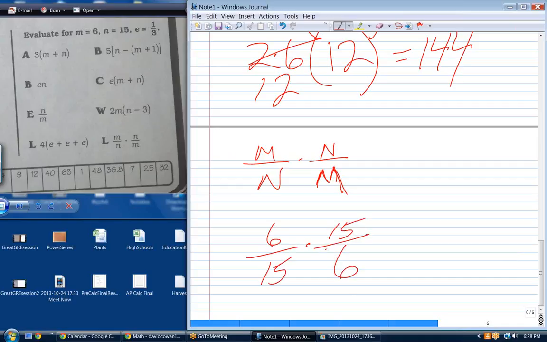Now what? Then you multiply. We can reduce easily, by 3. No, always cancel if you can. I have a 6 here and a 6 there, so those turn into 1s. I got a 15 there and a 15 there. Those turn into 1s.